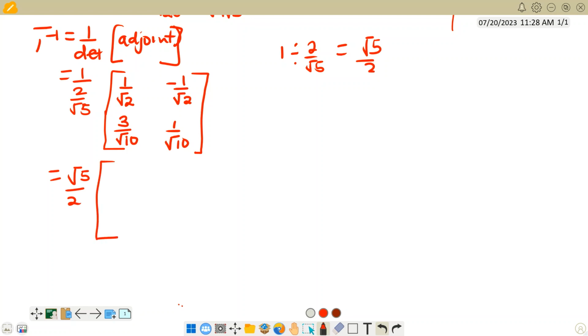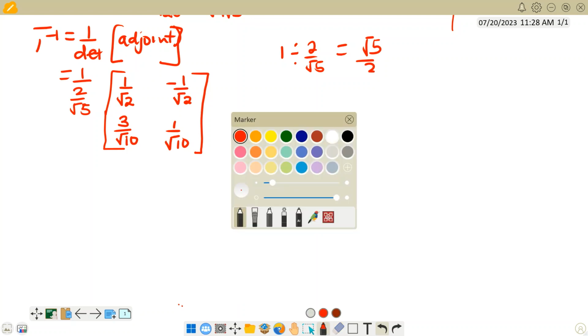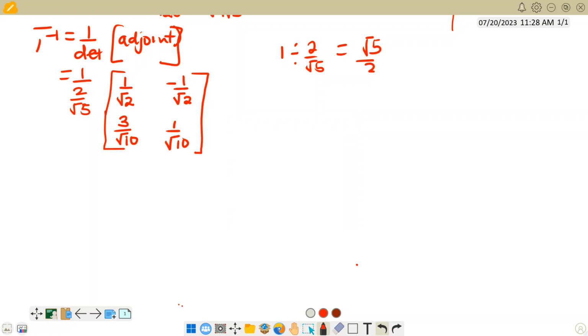This is being multiplied by what is in the brackets there. Then now we can multiply to get our inverse of t.